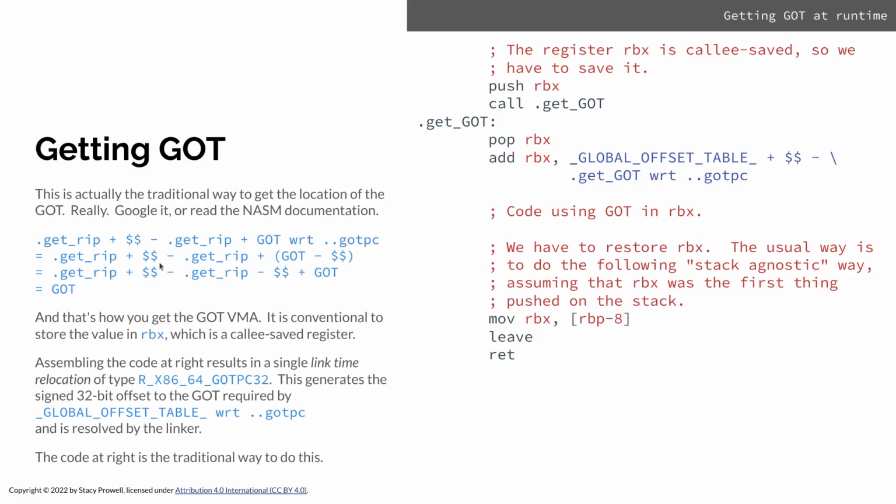You can read on down through here and eventually convince yourself of this, and you should. So then we're going to use the GOT, which is in RBX, and so up here at the top we save it, and down here at the bottom we restore it. Wow. This results in a single link time relocation of this type right here, which is set up just for this case.